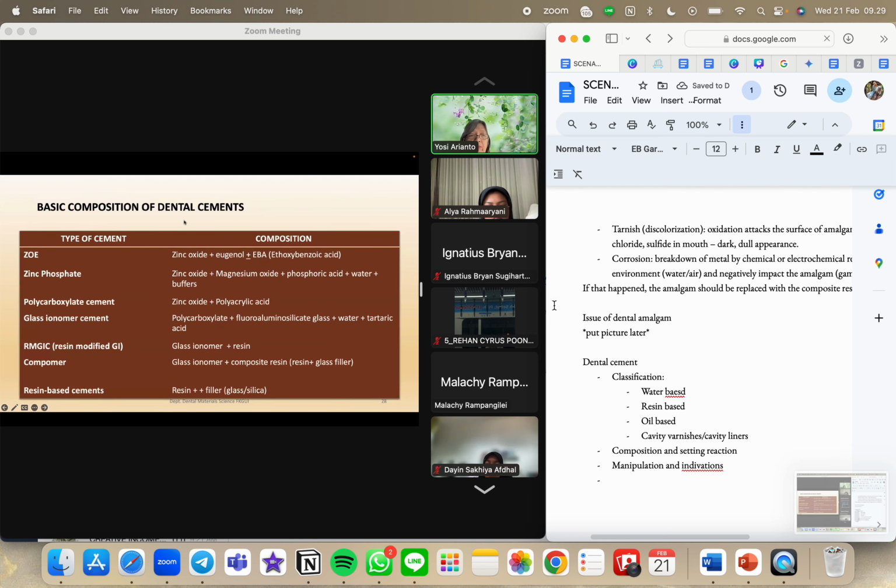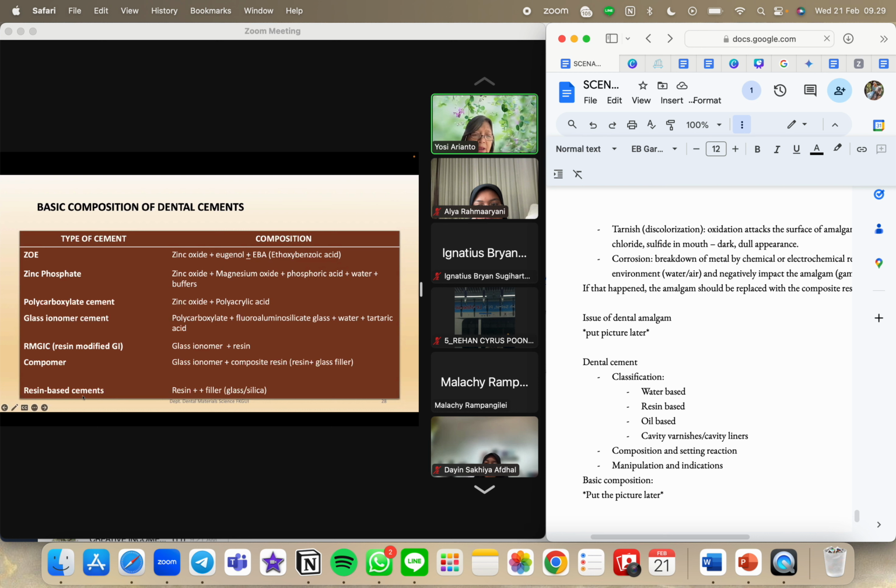This is a little bit about the basic composition of dental cement: zinc oxide eugenol cement, phosphate cement, polycarboxylate cement, glass ionomer cement, and RMGIC, the resin modified glass ionomer. Composite glass ionomer is the combination between the glass ionomer and the composite resin, usually used for primary teeth.